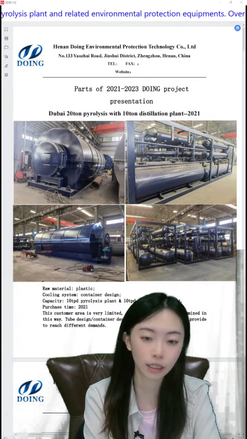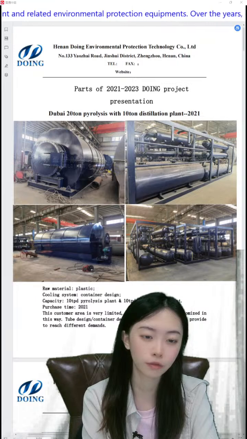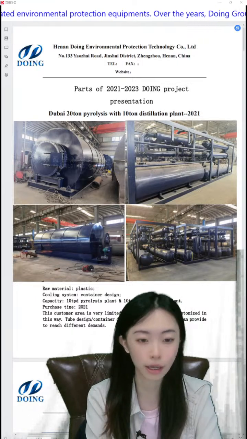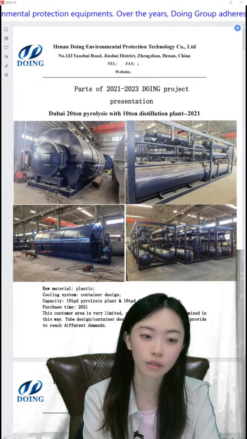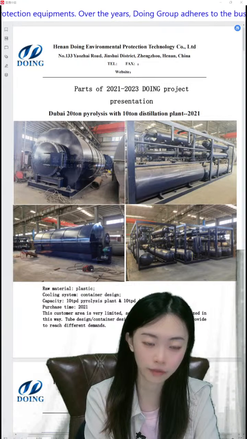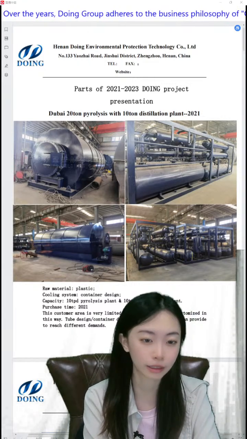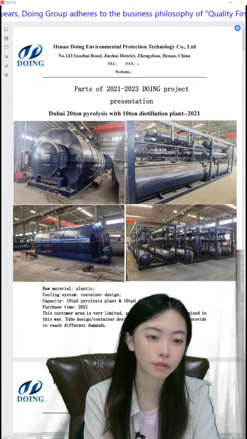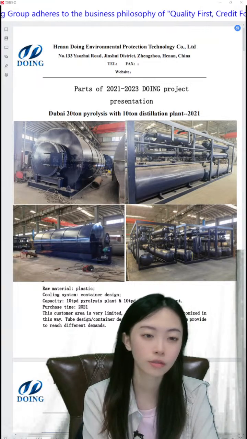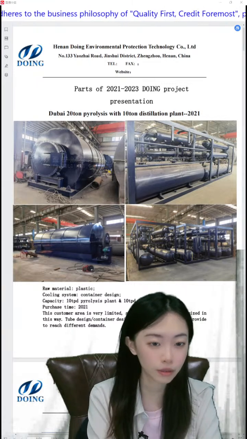It has a heating value of, for example, 10,000 kcal. So it's very high heating value. And the steel wire, we can also sell it directly or recycle, melt it for other uses.